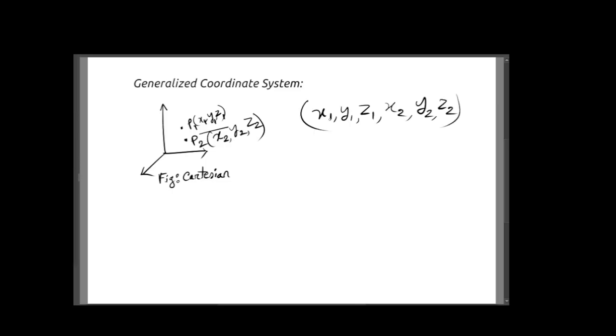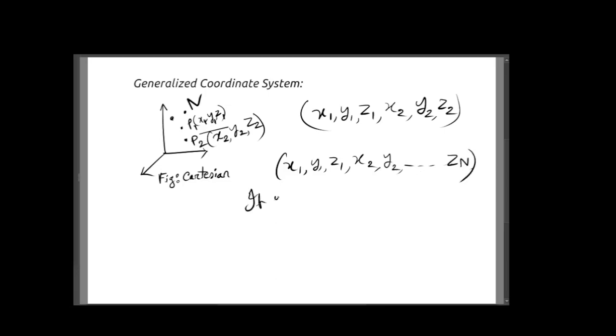And if we consider that the Cartesian coordinate system contains n number of particles, then we can represent that n-particle system by the set of numbers x1, y1, z1, x2, y2, dot dot, zn.